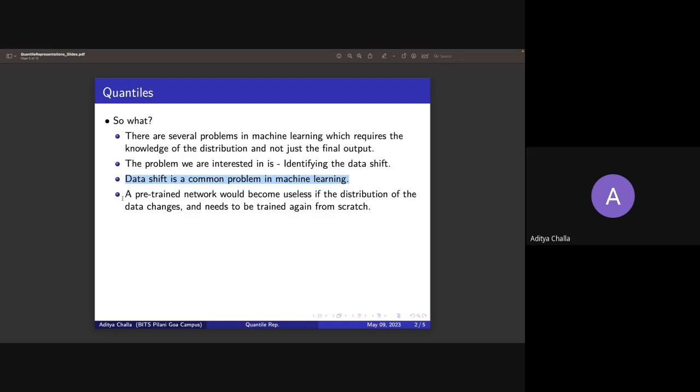Then the problem would be that the pre-trained network is useless. If the distribution shifts, then you cannot use the same network which you probably spent $1 million trying to train. So this is a common problem in machine learning, and simple statistics actually doesn't talk about this much, but this has been a big issue with neural networks, and they're trying to solve this because this is a very practical problem.